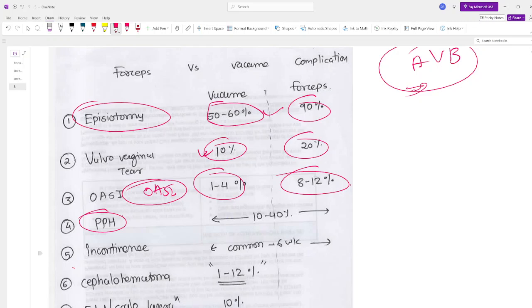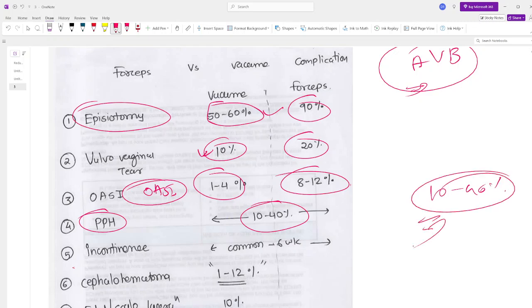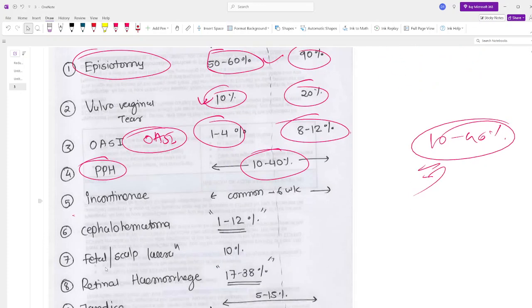It's very important. Now we have the common statistic for that. It is 10 to 40%. So with assisted vaginal birth, the patients are at 10 to 40% risk of PPH. Now the incontinence, it can be either bowel incontinence or urinary incontinence. It is common.